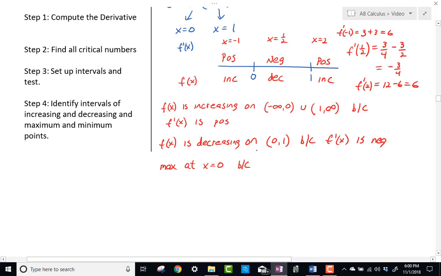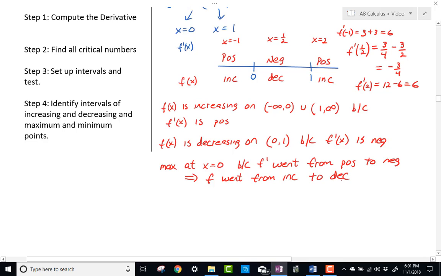I have a max at 0 because f prime went from positive to negative, and that is what implies that f went from increasing to decreasing.